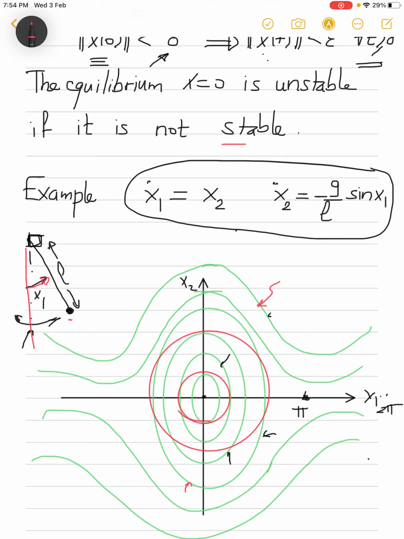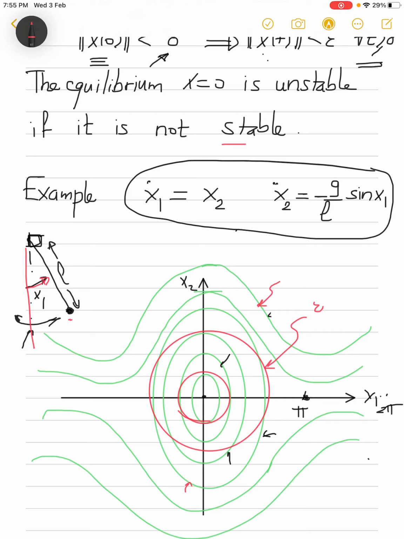So let's keep it within the equilibrium point at the origin, and we can select now a ball like this one with radius epsilon. Now our objective is to find the region where the initial condition could lie and the solution will never cross the boundary epsilon.